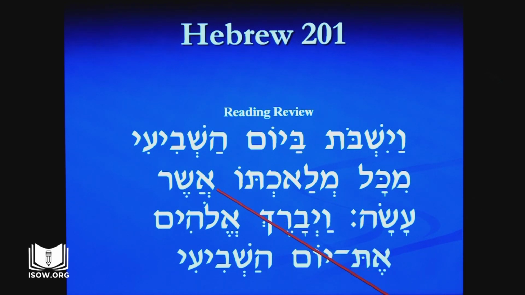Melachto. Next word. Asher. Now I notice a typo here, an omission on my part, and we forgot to put the dagesh above the sheen here so that you would know that that is a sheen and that gets the sh sound.